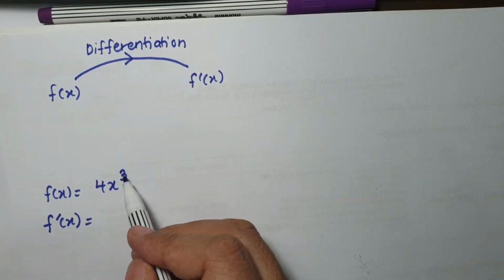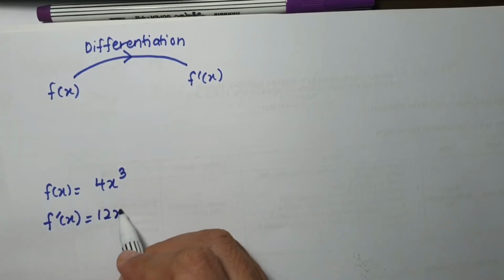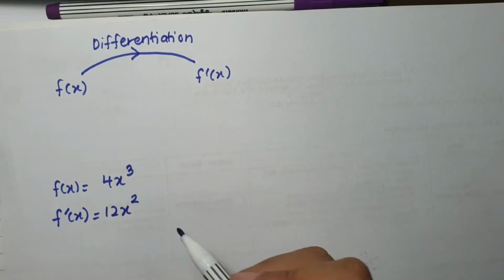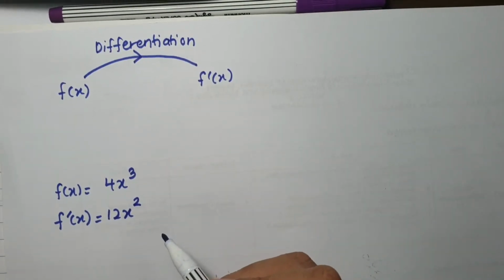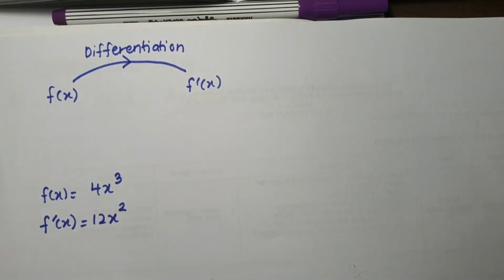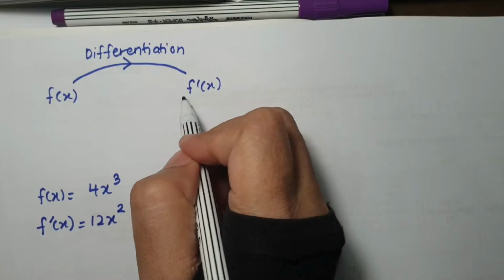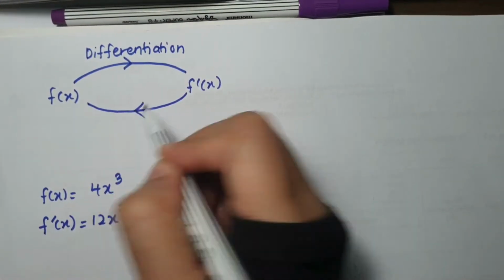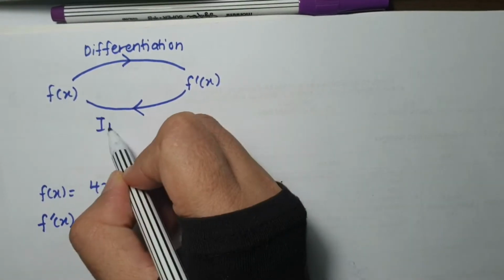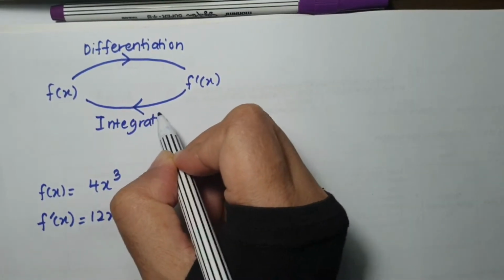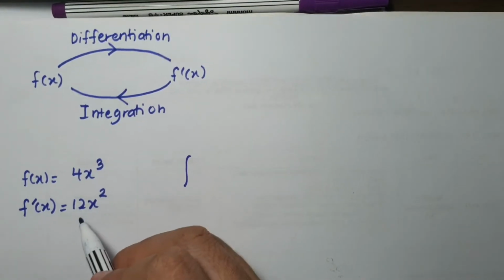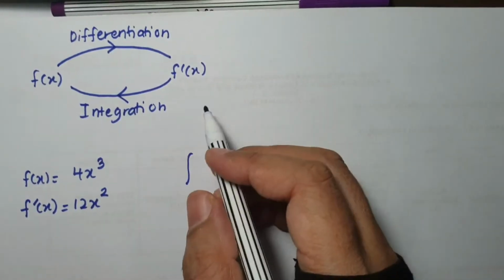So how to differentiate? Take 3 times 4, 12, and then the index here always decreases by 1. 3 minus 1 is 2, done. The reverse process of differentiation is known as integration, meaning here to here.